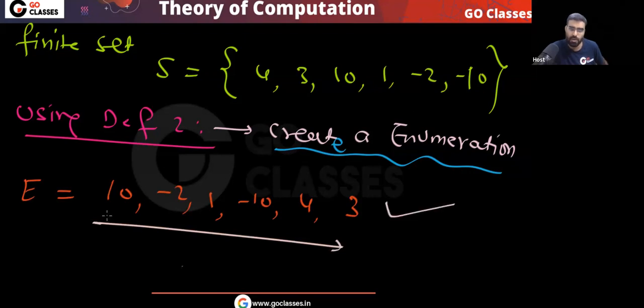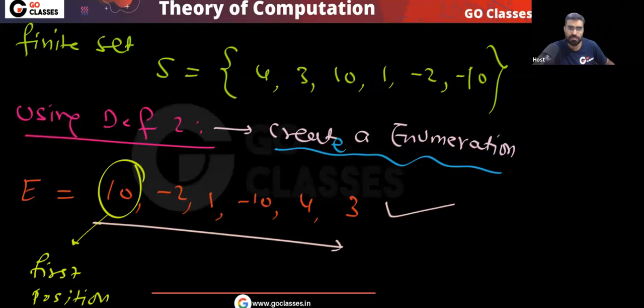This is the first position, and this is the fourth position. Can you notice every element is covered? So yes, this is the enumeration. So S is countable.